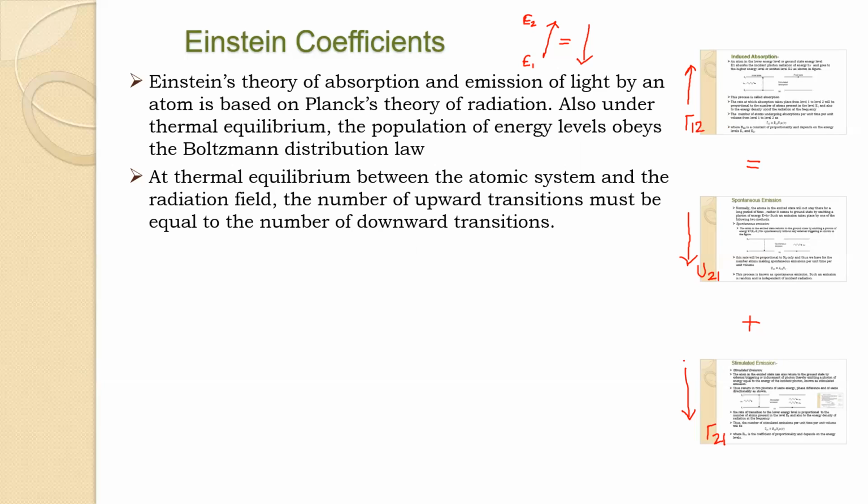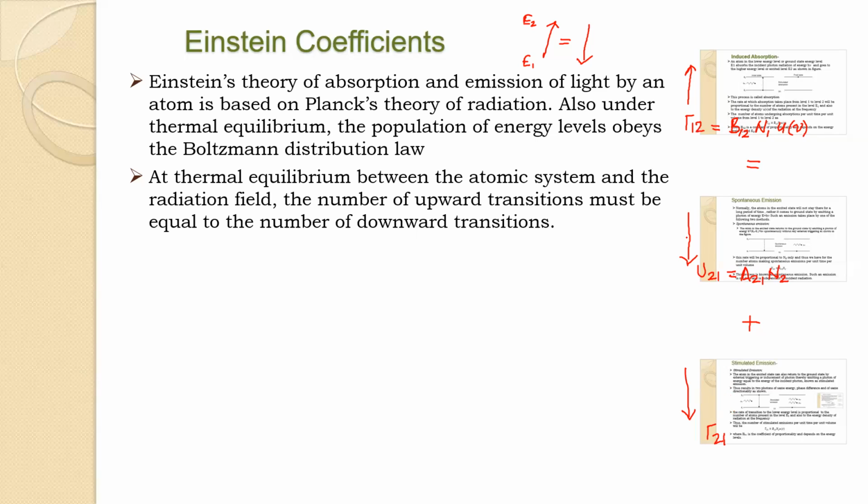So we have the expressions. Gamma 12 is equal to B12 N1 U of nu. The number of spontaneous emissions is given by A21 N2.